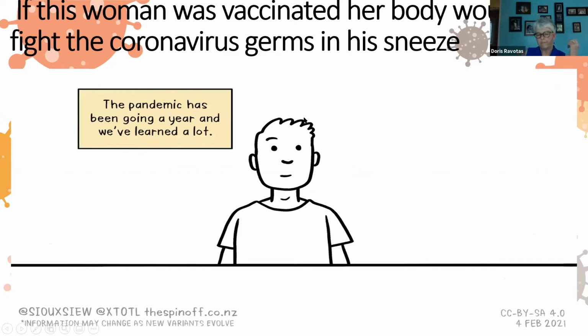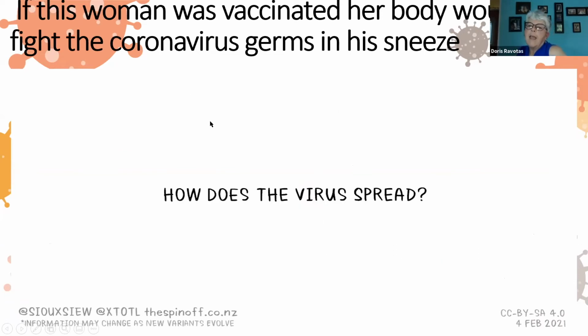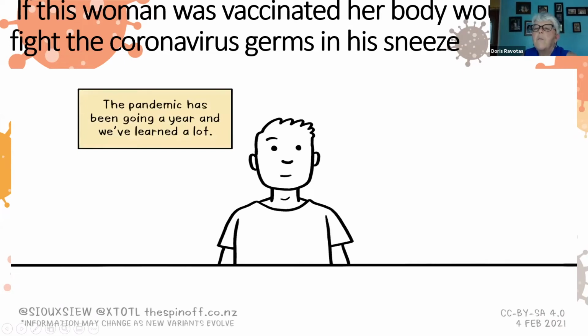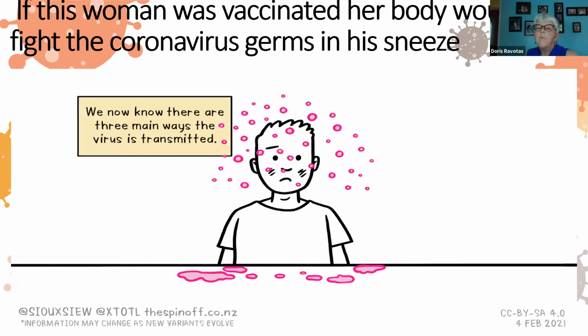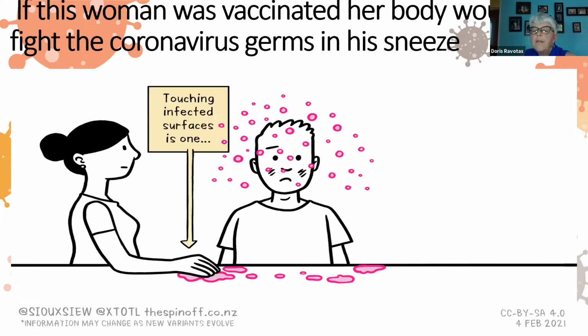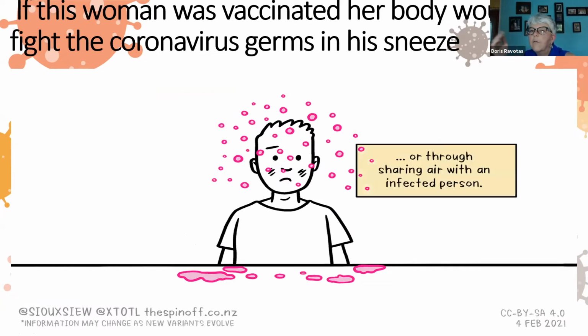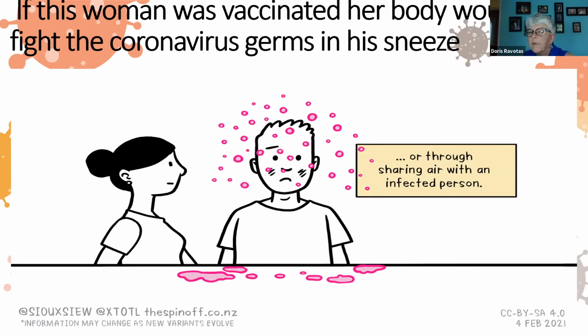So this is actually the same video that I used earlier, but then we used it later on to talk about what getting a vaccine does here. So in this case, we're talking about, what if this woman got a vaccine? If she got a vaccine, it's protecting her from his germs.